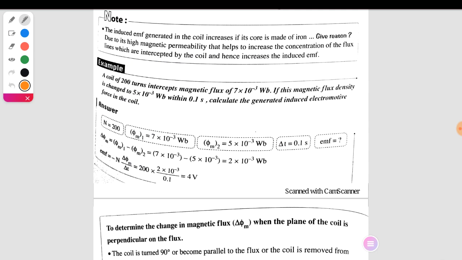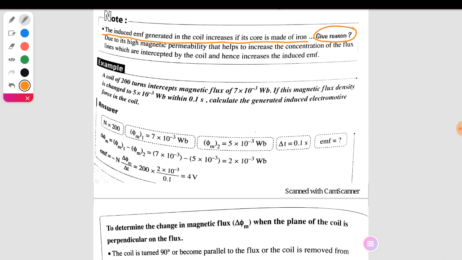From this we observe that the induced EMF in the coil increases if the core is made from iron or soft iron core. Give reason. This is because iron has a high magnetic permeability.